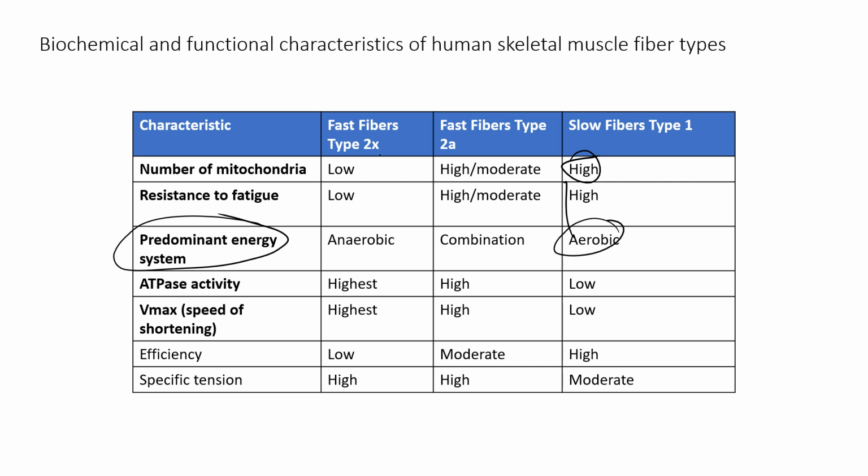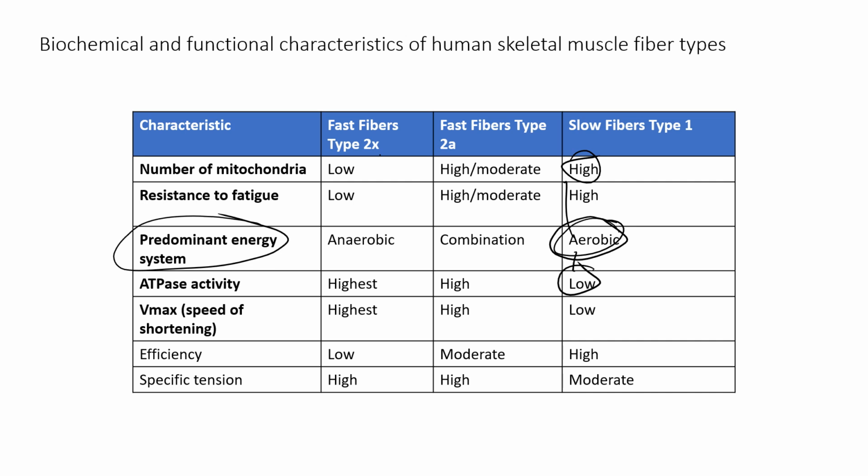They produce lots of ATP through slow glycolysis and beta oxidation, which are both slow means of producing ATP with fatty acids and carbohydrates. But that is fine because, again, their ATPase activity is quite low, right? They don't have a very high ATP demand, so the supply of ATP for these fibers can very easily be met through slow metabolism, through slow glycolysis and the breakdown of fatty acids, beta oxidation.